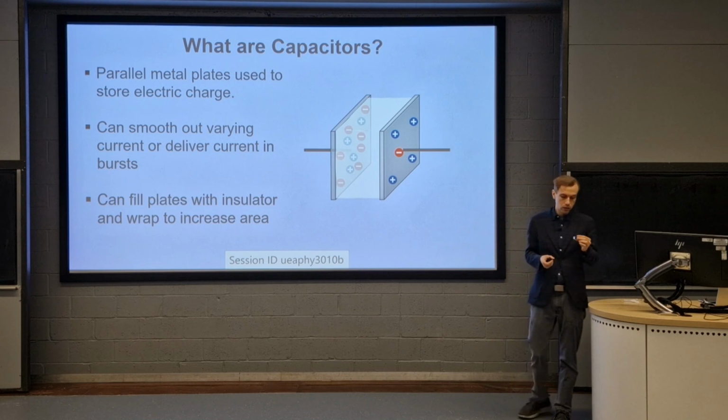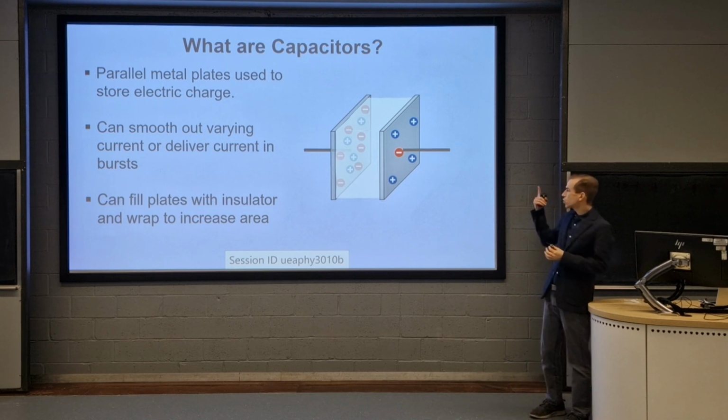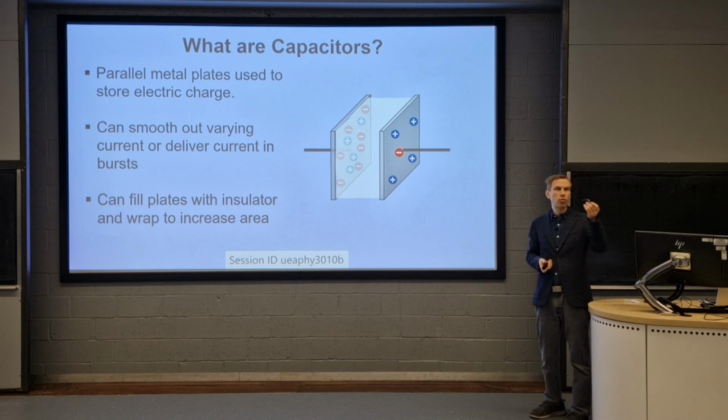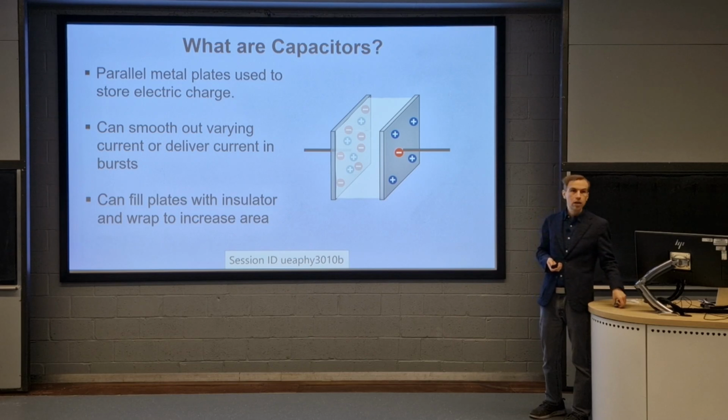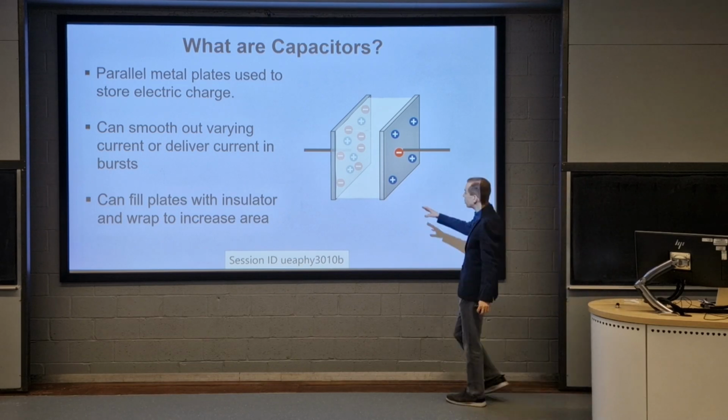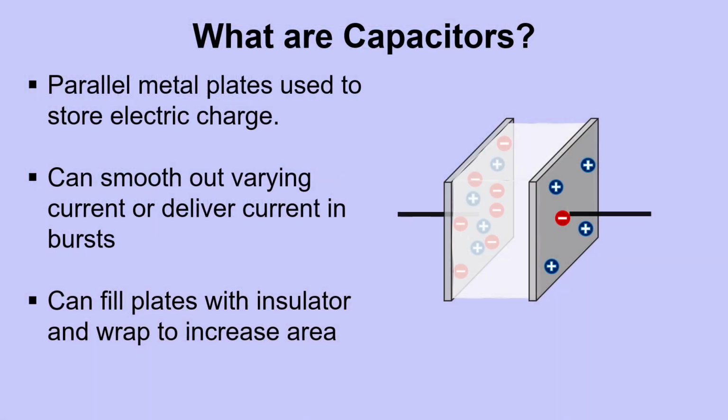That's the technical term for it. And then it's all wrapped up in a big old spiral to fit it in a can. By doing that, you can fit a much larger area and you can store a lot more charge. You're not then having to go around with big old metal plates everywhere. So that's the basic idea with a capacitor.